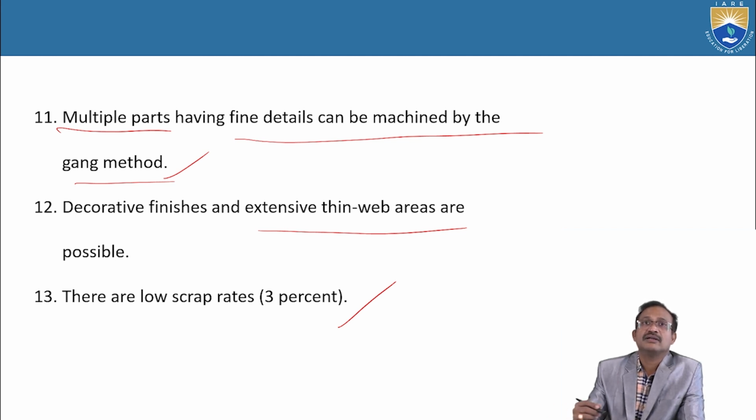Here there is no question of wastage, because we are removing the areas by chemical action so that material is not wasted. In conventional methods we sometimes have to remove other unwanted areas also, but in chemical milling the scrap rate is almost negligible. It is just 3% as per the research.